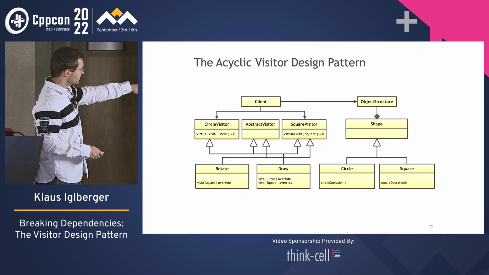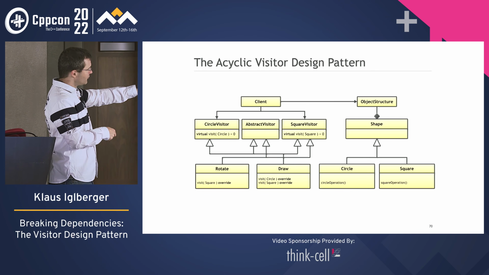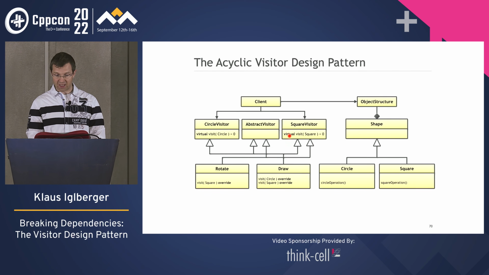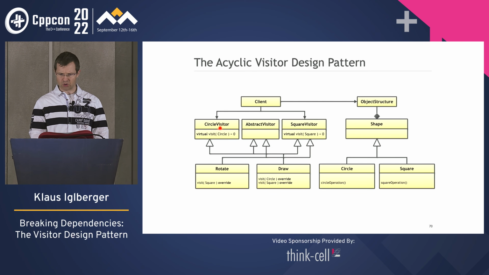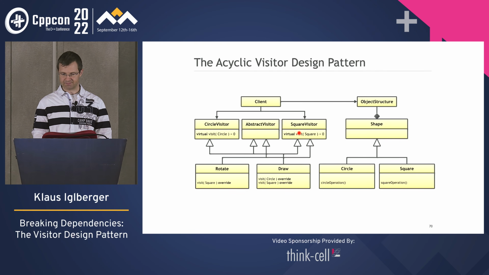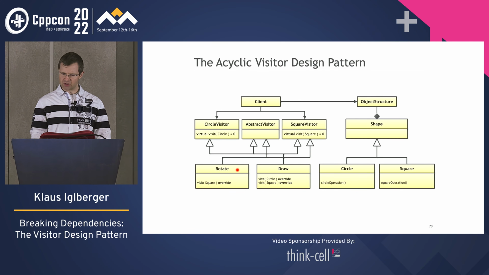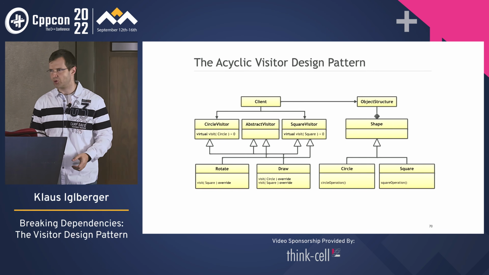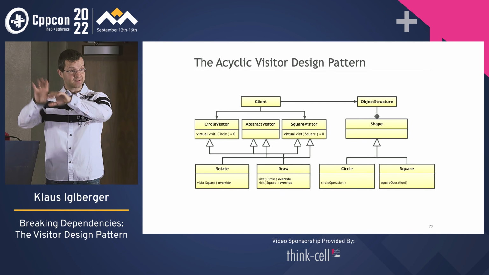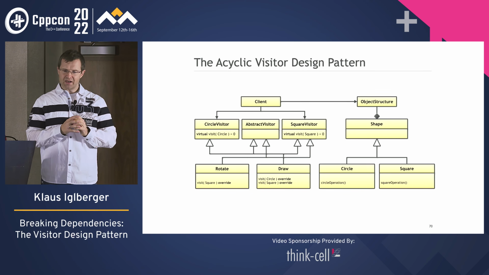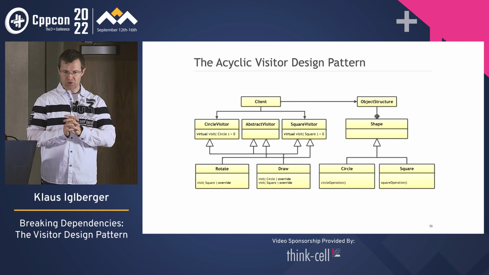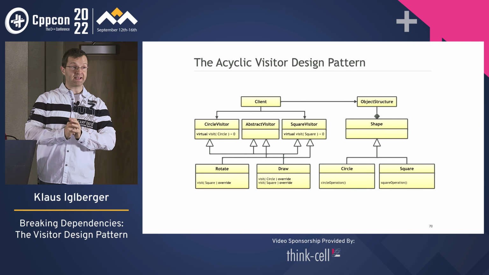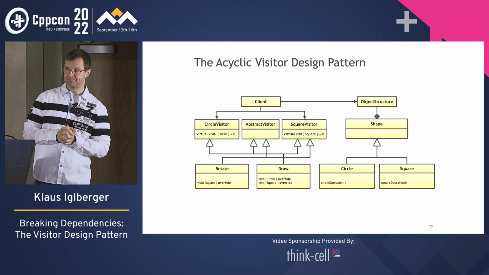So draw, for instance, actually inherits from both square and circle visitor, because we want to draw both circles and squares. But rotate chooses not to inherit from a circle visitor because, well, rotating a circle is boring. So we just support squares. And so we can now selectively choose what we want to support, which of course is giving you flexibility.